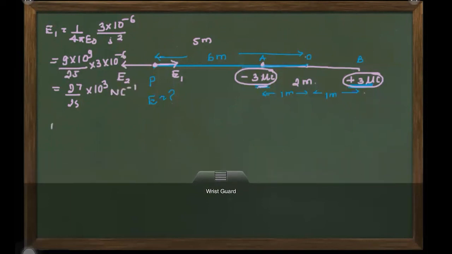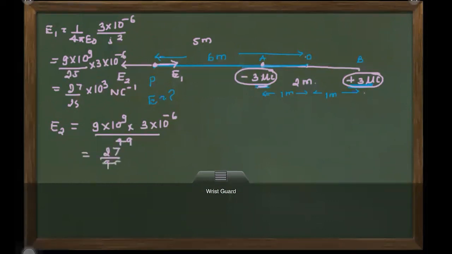Now for the second one, it will be 9 into 10 raised to power 9 into 3 into 10 raised to power minus 6 divided by 6 and 1, 7. So it will be 49. So it will be 27 divided by 49 into 10 raised to power 3 Newton per coulomb. So what will be the net E?